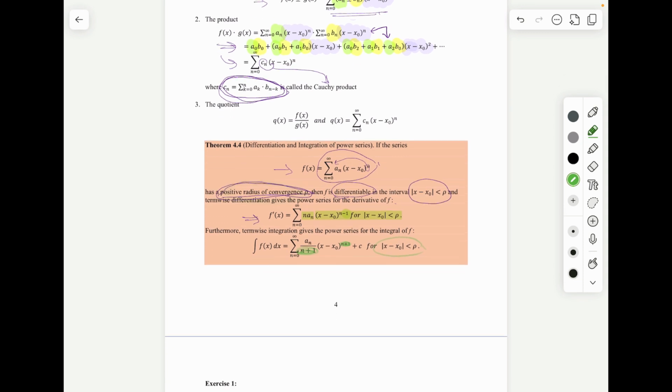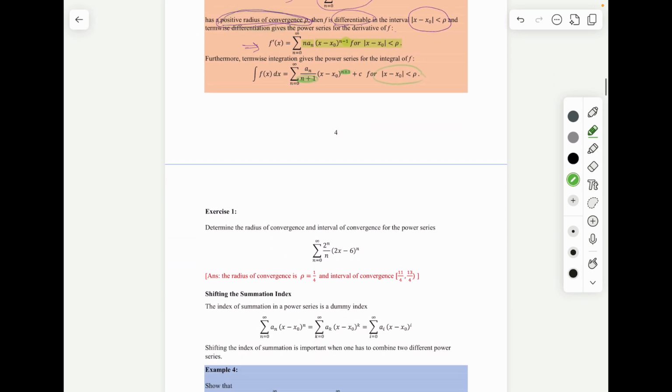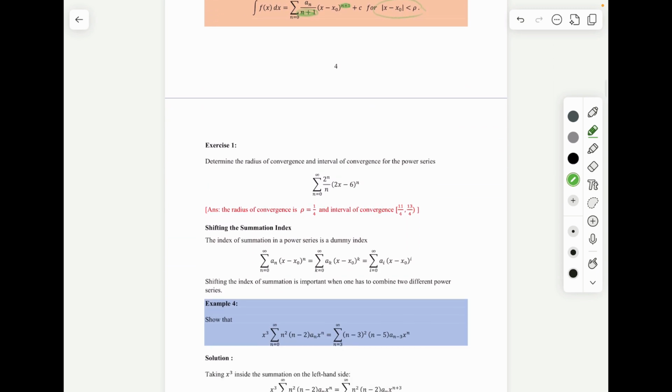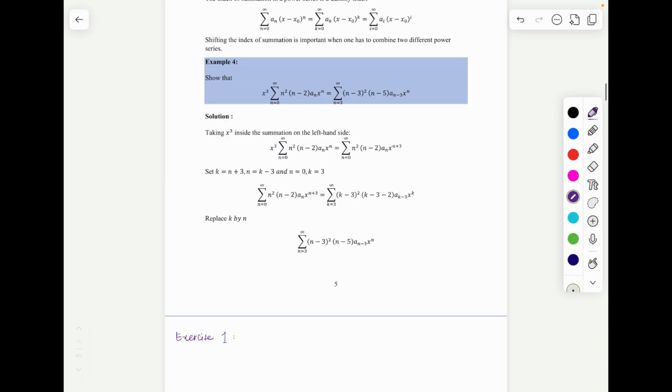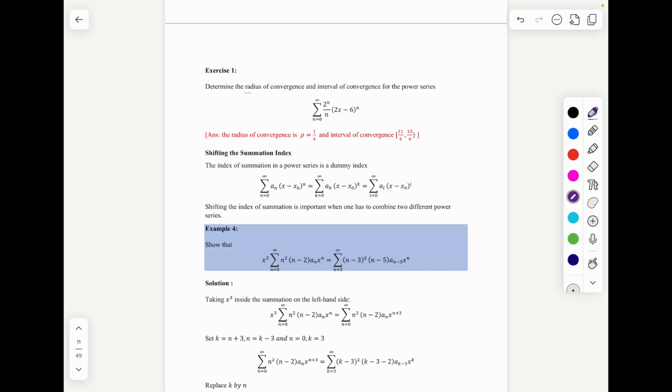It is only applicable if the radius of convergence is positive. Okay, let us try to look at this exercise 1. Determine the radius of convergence and interval of convergence for this power series.